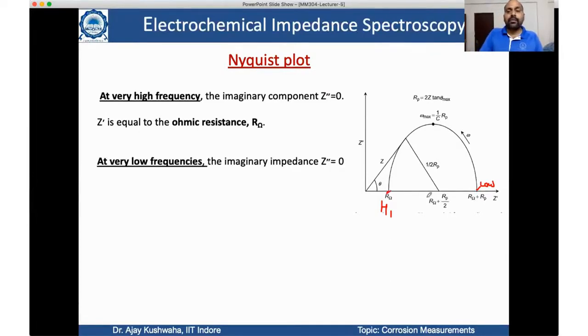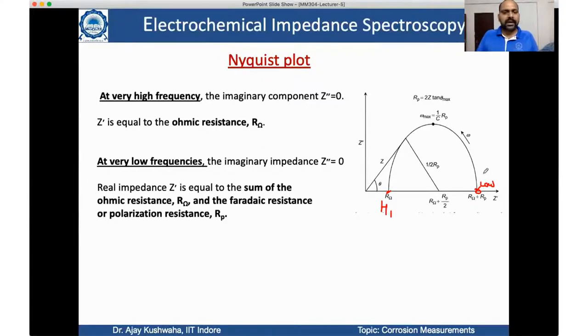Similarly, at very low frequency, so this is the lowest frequency, here also is another point where the Z double dash component is 0. And at this value, we call this the overall resistance. Basically, this is the sum of the Faradaic resistance or polarization resistance plus the ohmic resistance.